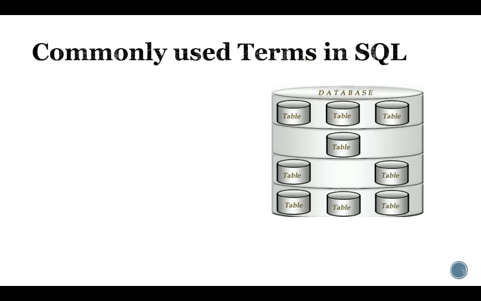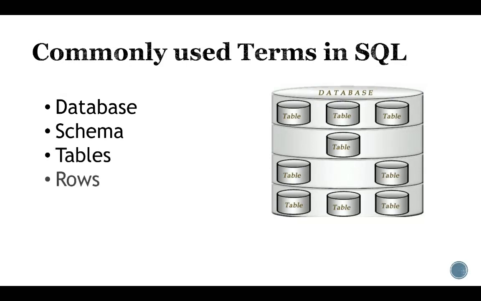What are the commonly used terms in SQL? First is database, next is schema, tables, rows, columns. If you see the picture over here, we have a database, and within the database we have tables, and there is a layer of separation for each table.